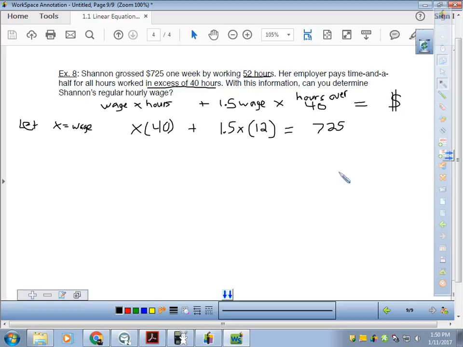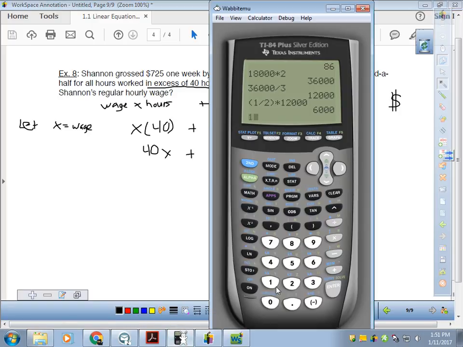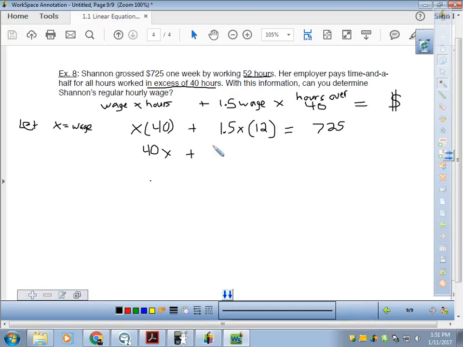And so now let's clean this up a little bit. X times 40 gives us 40X plus 1.5X times 12. I'm going to go to my calculator and do 1.5 times 12. So I get 18.